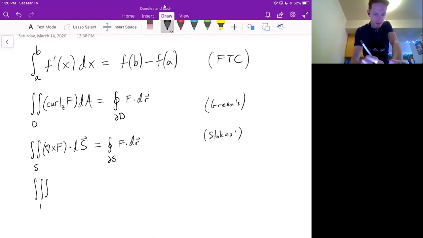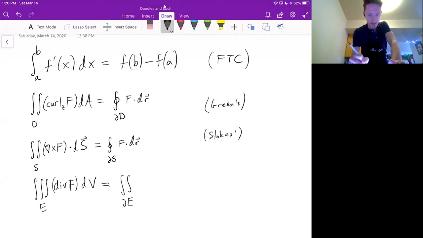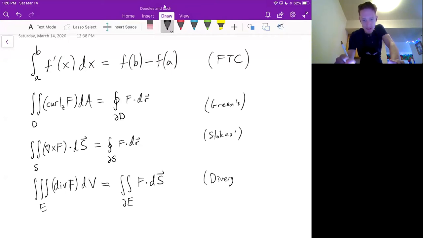Really should say the integral over a 3D region E of the divergence of the vector field is equal to the integral over the boundary of the flux. Okay, so this is the divergence theorem.